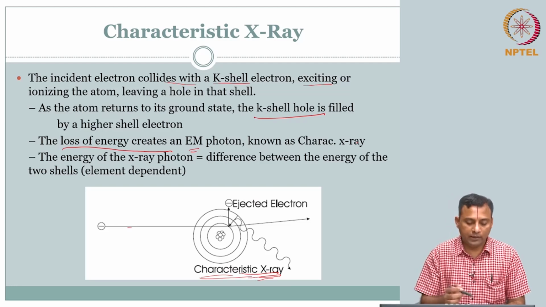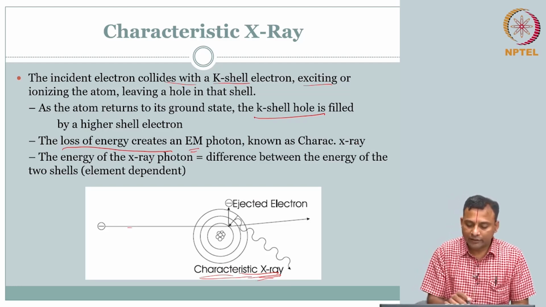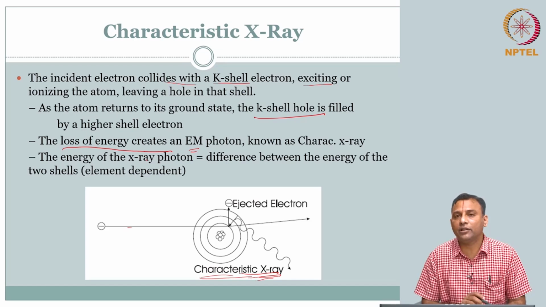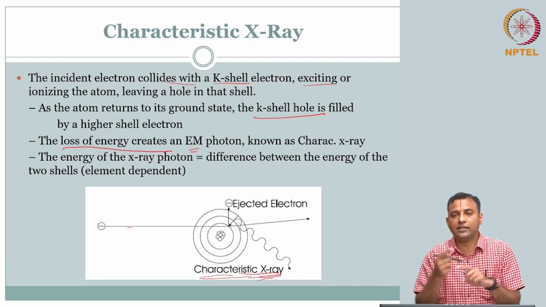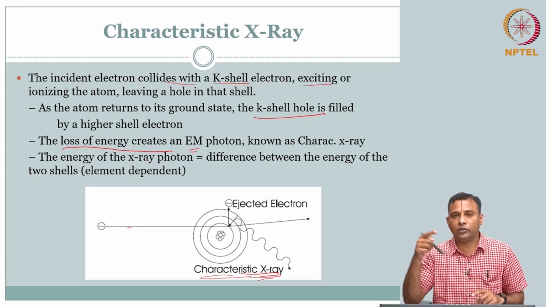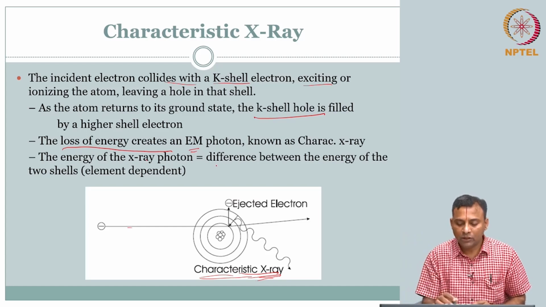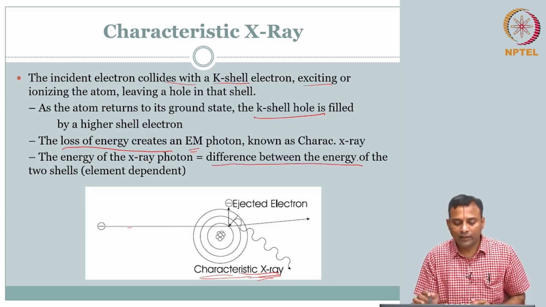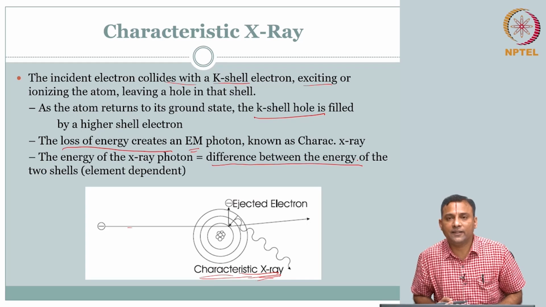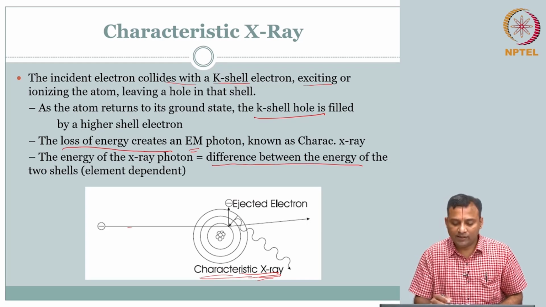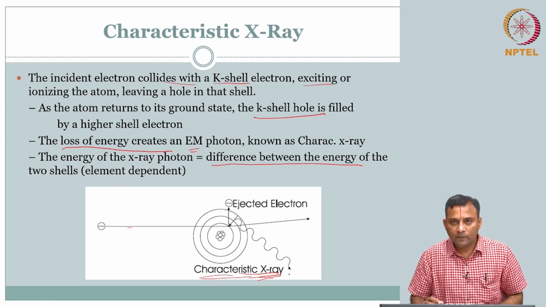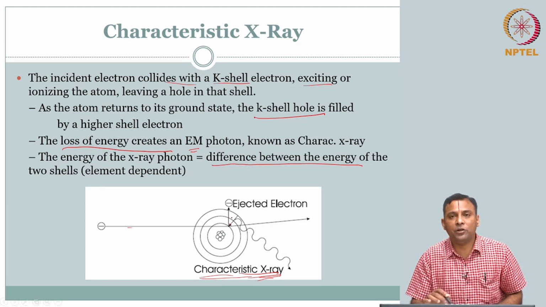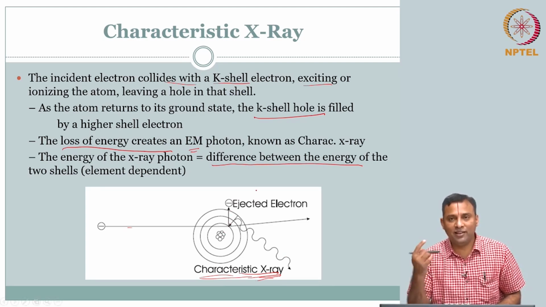So, now this is the deal. What is the energy of the photon that is going to come? Because it is transitioning, high energy to low energy. So, there is a realignment that is taking place. So, it has to be the difference between the energy of the two shells, because it is transitioning. So, the energy that is coming out, I know the binding energy of K electron of the atom, I know the binding energy of L electron, I know the binding energy of M electron, M shell.